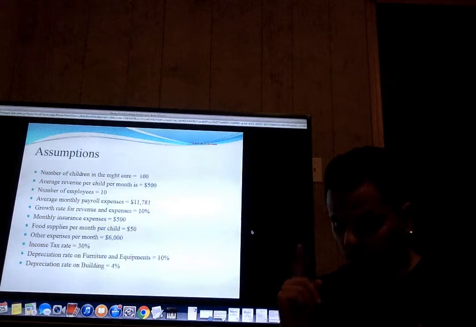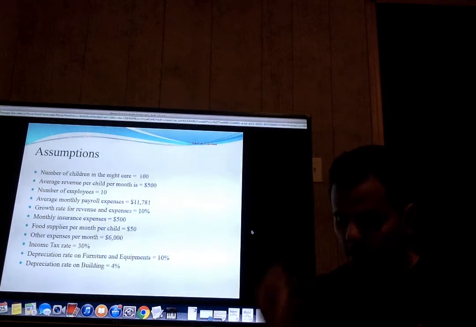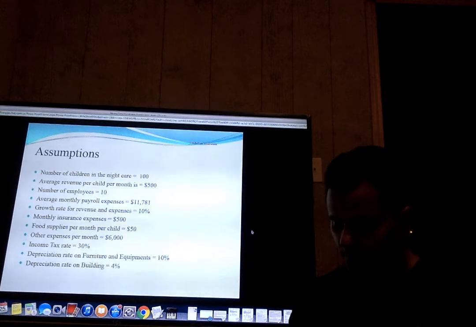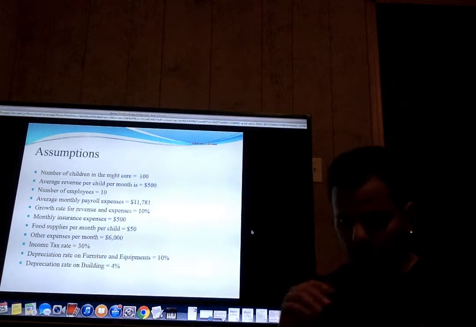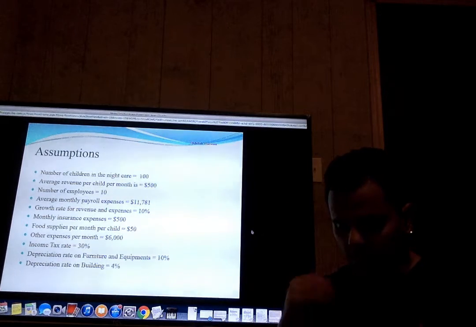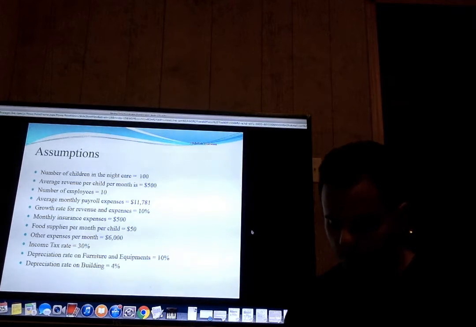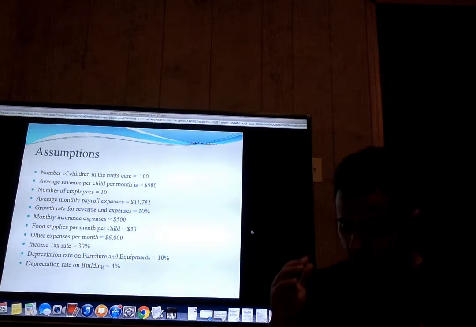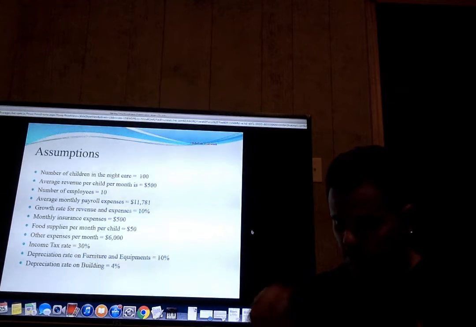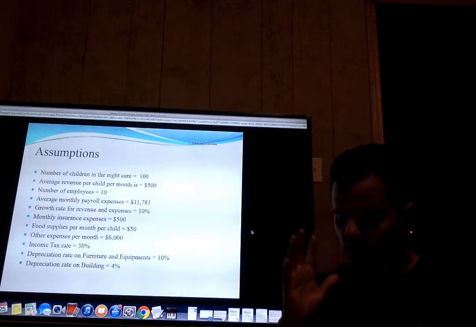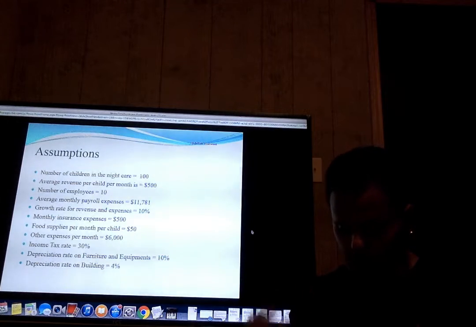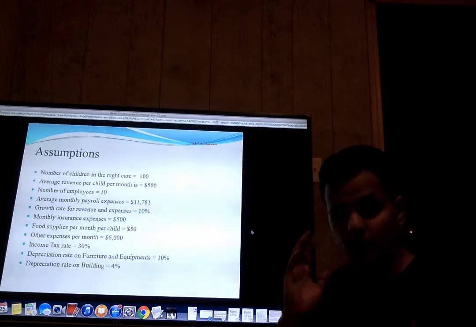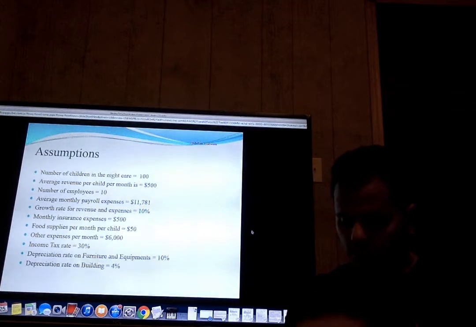We will charge $150 per week for full time and $110 per week for part time. Any excess beyond 12 hours is chargeable at $15 per hour. But for the sake of simplicity, we are averaging it at $500 per month per child during the first year, and increasing 10% from the second year onwards.